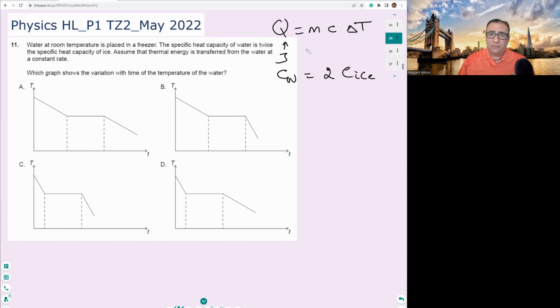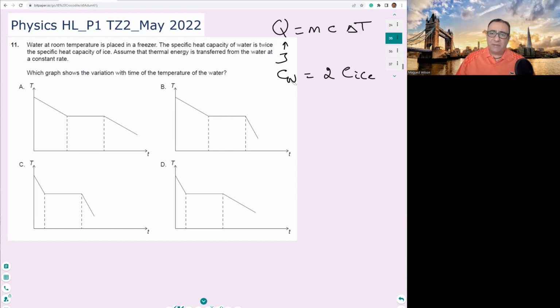When you look at this formula, we can rearrange c as Q over m delta T. So c is the amount of heat energy required to raise or drop 1 kilogram of the substance by 1 degree Kelvin. So this is the definition of the specific heat capacity, right?